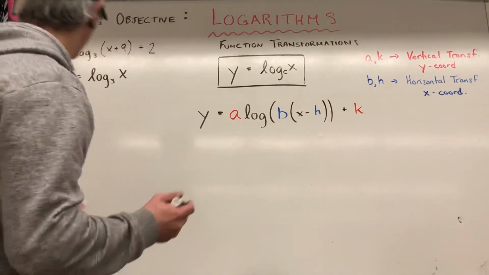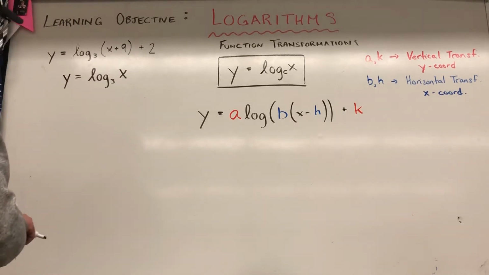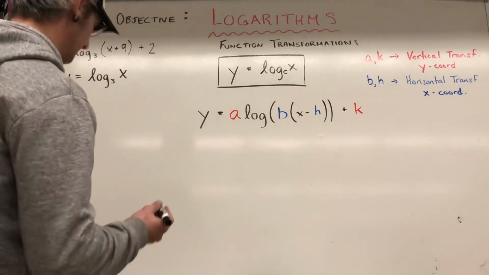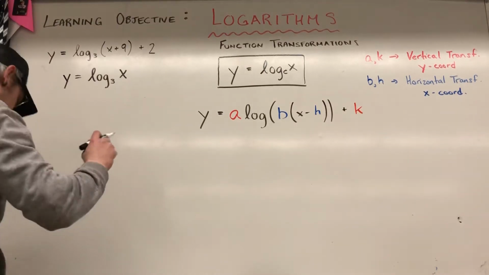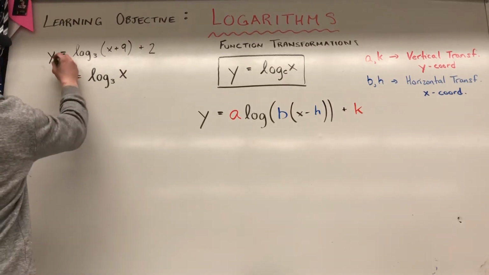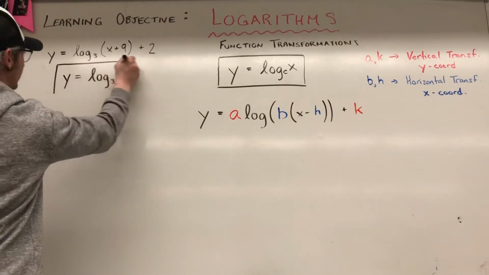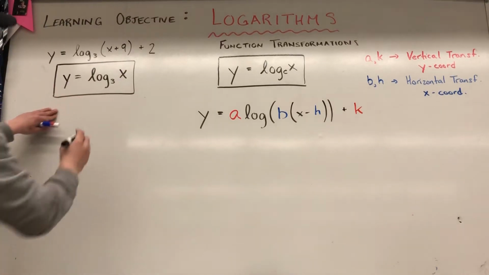Okay, so let's create a table of values and see what that looks like. It's not the easiest thing to do, because when I'm creating my table of values for my original function, I'm probably going to have to use the inverse form.